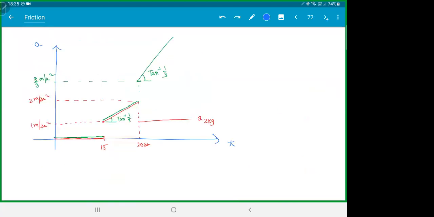Look at the graph. So you have to check the values. For t less than 15, how is it? For t greater than 15, how is it? So you have to check the values before 15 and after 15, before 20 and after 20. The functions will change. You get a discontinuity there. This happens because the friction value suddenly changes. The accelerations will suddenly get messed up.